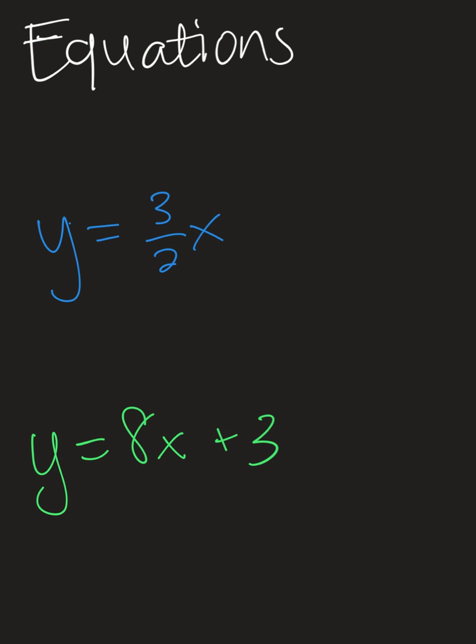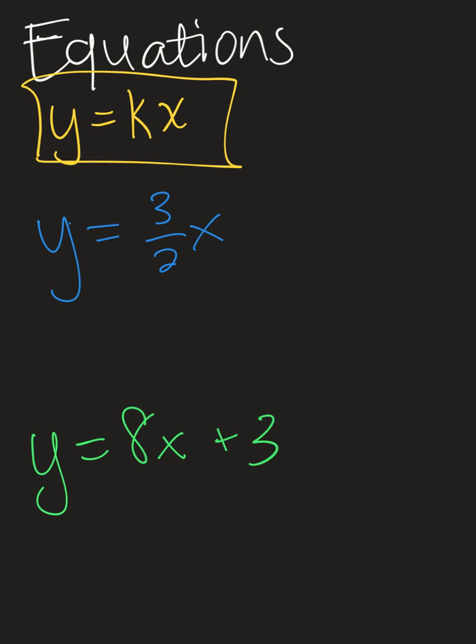Finally, we have equations. So this one, we are going to continue with another lesson another time. But the first thing I wanted to point out was there is a particular format, which is y equals kx typically, okay? So y is just a y value. K is your constant of proportionality.